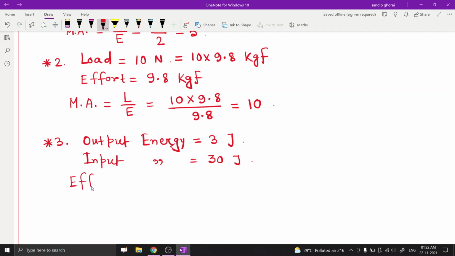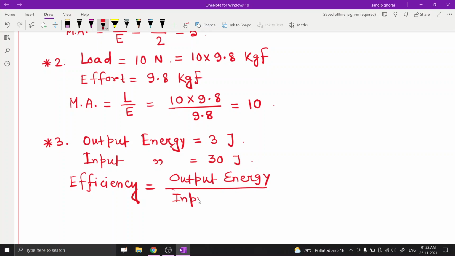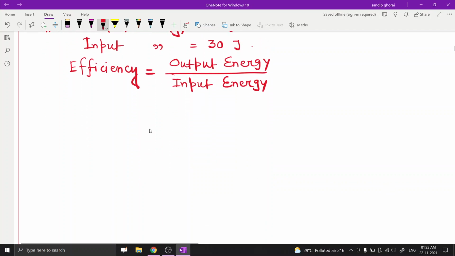We know efficiency is equal to output energy divided by input energy. Putting in the values, output energy 3 divided by input energy 30, so the efficiency is 1 upon 10, that means 0.1.